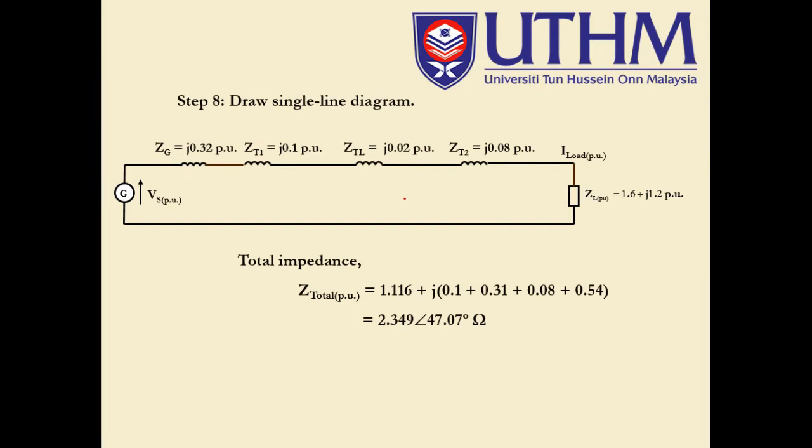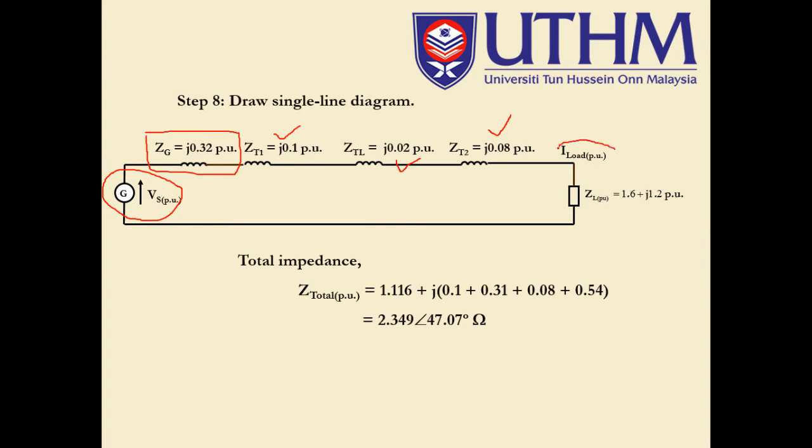Okay, now step number 8, we draw the single diagram. So this is the SPU for the generation side or generator, synchronous machine. So we have its impedance ZG. So this is transformer number 1. So this is the transmission line impedance. So transformer number 2 impedance.